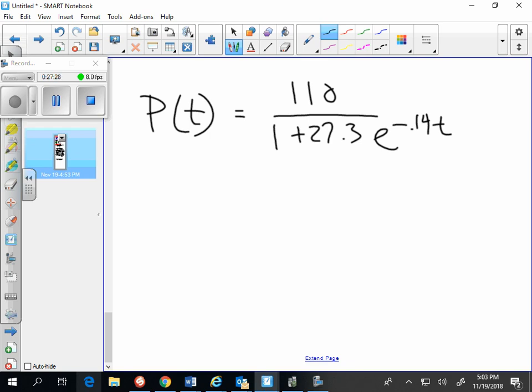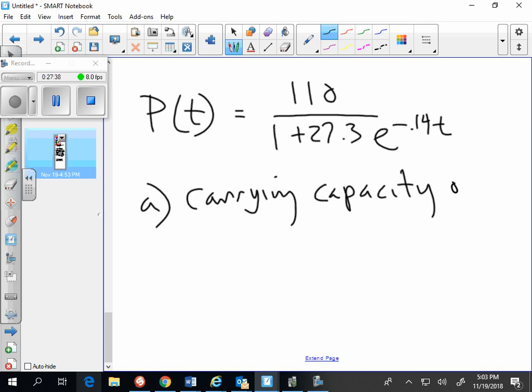Okay, my first question is, A, the carrying capacity of my attic. How many gnomes can we get up there?